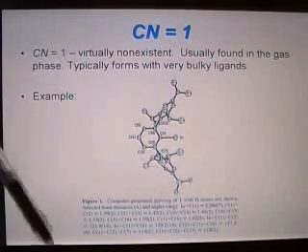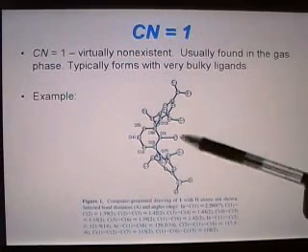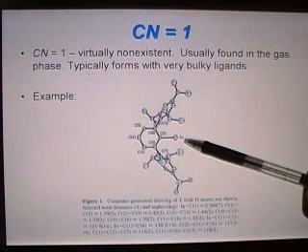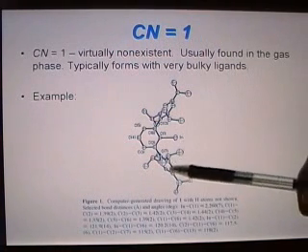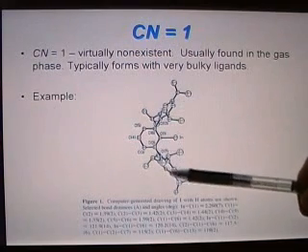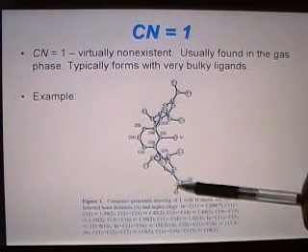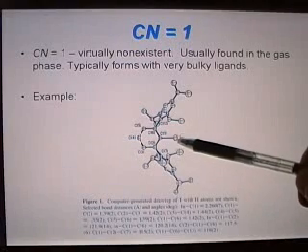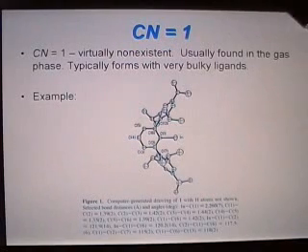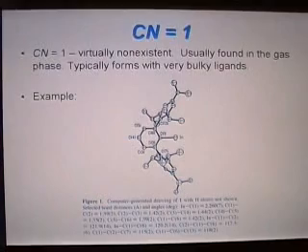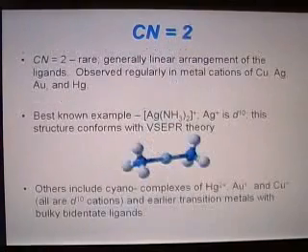For example, if you look right here, that is an indium atom, and you've got this huge bulky ligand with lots of carbons bonded to that indium atom right there. So it does exist, it's just very rare.